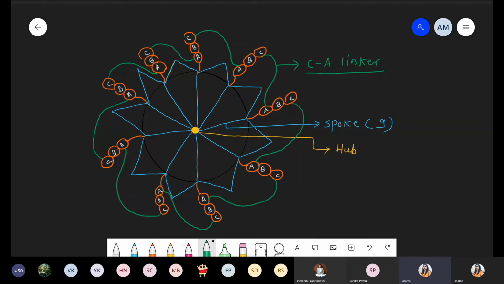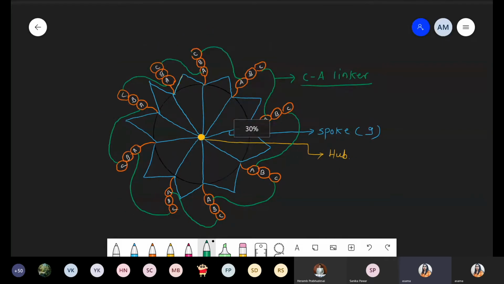C attached with the A. So such type of this linker, such type of this joining, attachment, these are called as the CA linker. Got it? It's not AC. Remember, it's always CA, because one triplet microfibril, last subunit, that is C, it is attached with the A. So CA. So such type of this all linker, these are called as the CA linker.